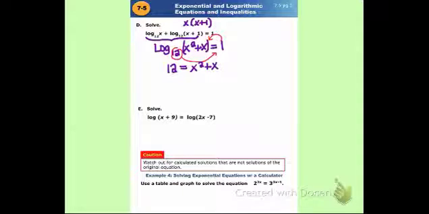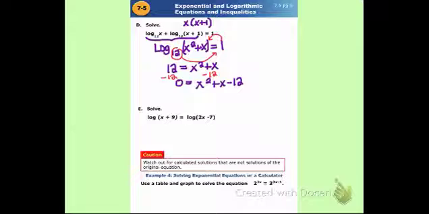This is a quadratic equation, and to solve a quadratic equation, the goal is to put the equation in standard form with 0 on one side by itself. So I'm just going to subtract 12 from both sides, and that leaves me with 0 equals x squared plus x minus 12.